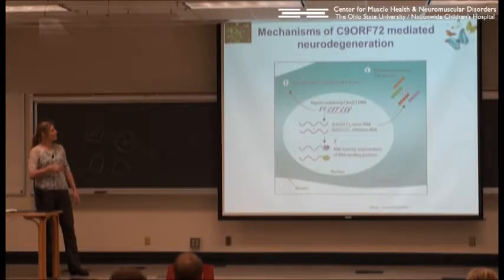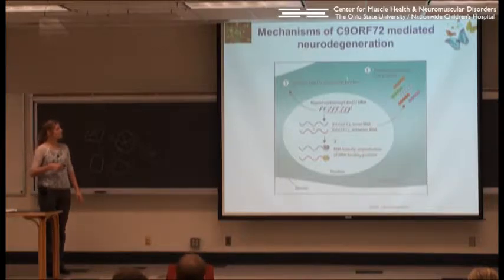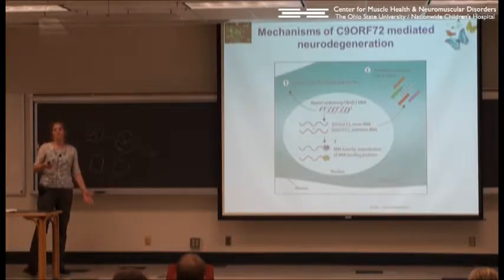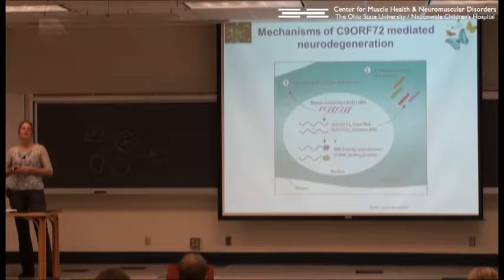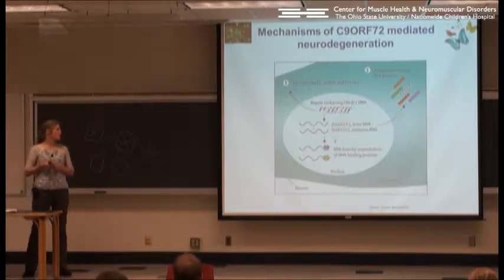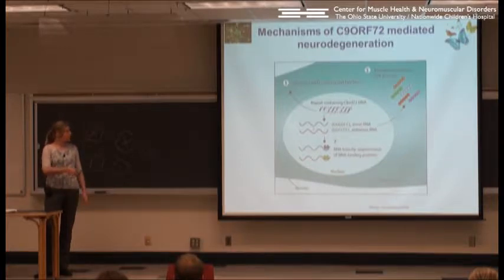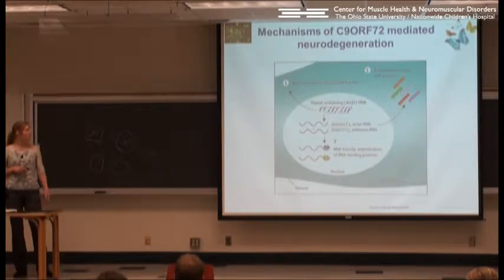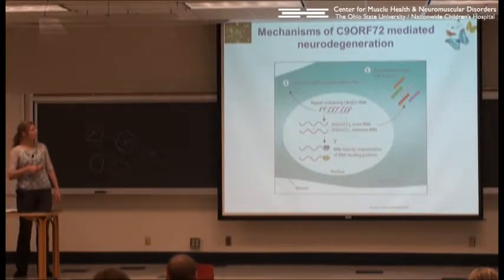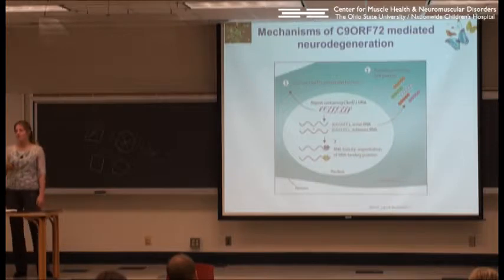One is the reduced C9orf72 protein and function. So due to loss of function, it cannot fulfill what it's supposed to do, and therefore the cell is going to die. The second one is this RNA toxicity that is correlated with the foci that I just showed you. And the third one is the translation of toxic DPR proteins.